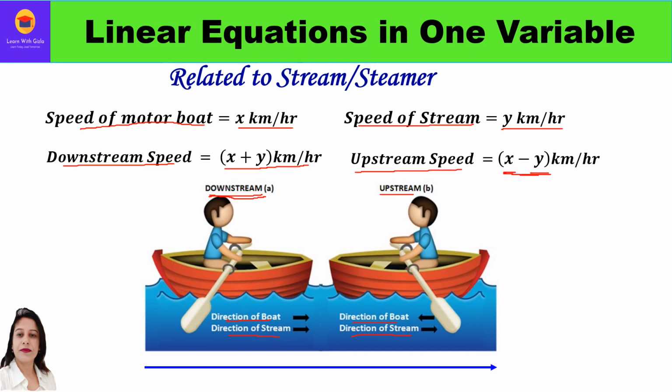So in case of downstream, my speed increases. It becomes x plus y. In case of upstream, because now I am rowing against the flow of the water, my speed reduces and now it is x minus y. Okay, hope you have understood. Now we shall take up some questions related to it, right?